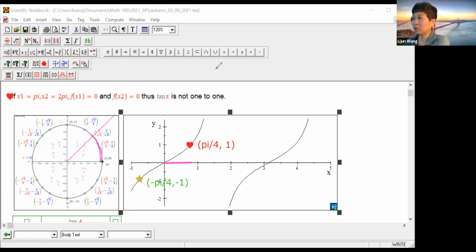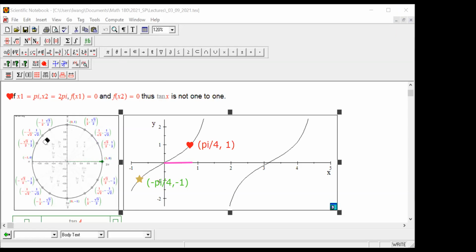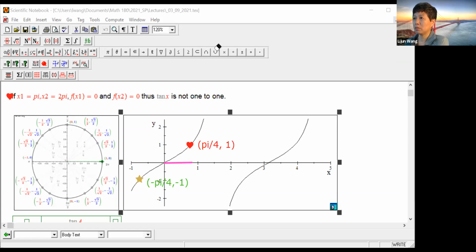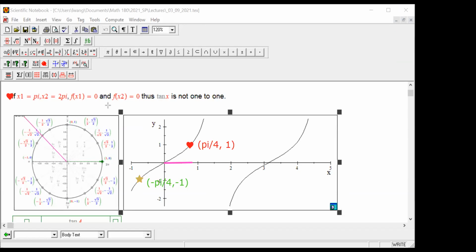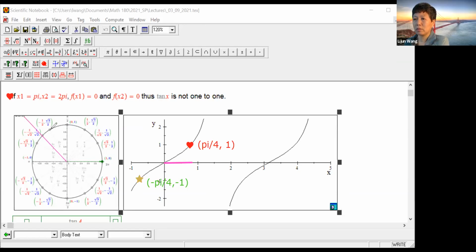Okay, so I'm going to do some cleaning up. Where would it be, 3 pi over 4? Second quadrant. Where is the terminal? Right here, right? And what will be the arc length?